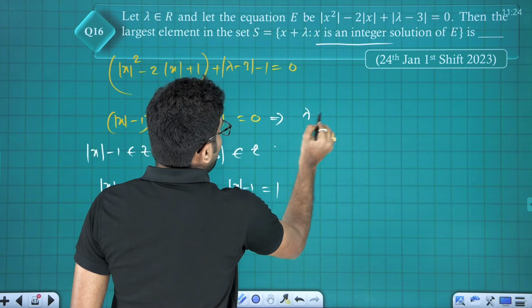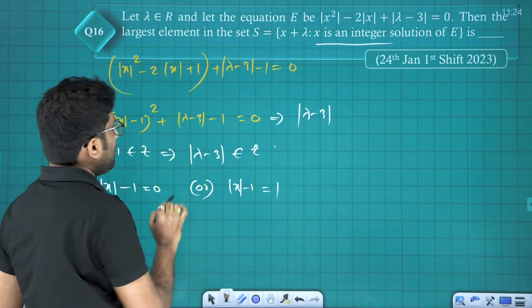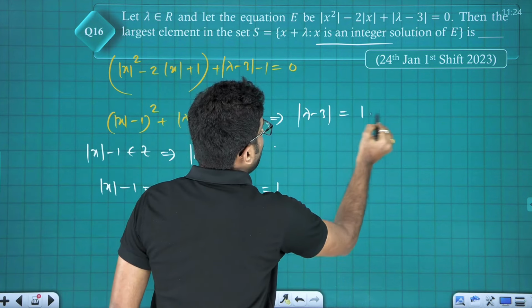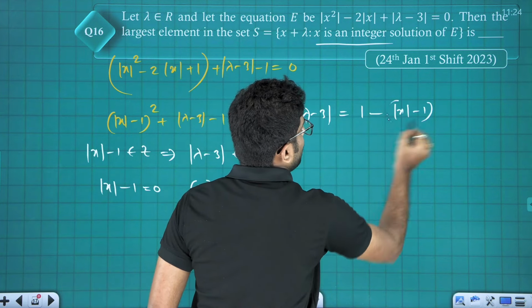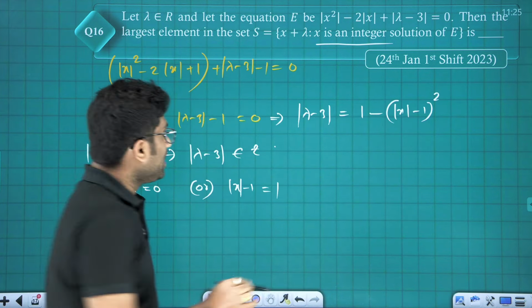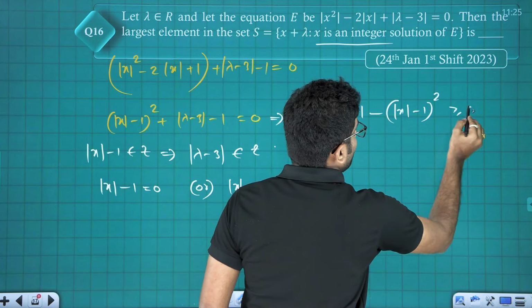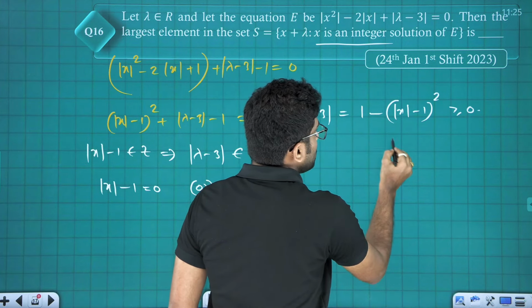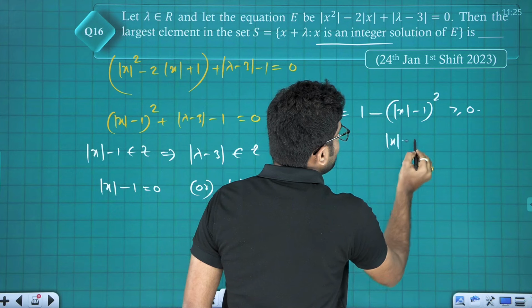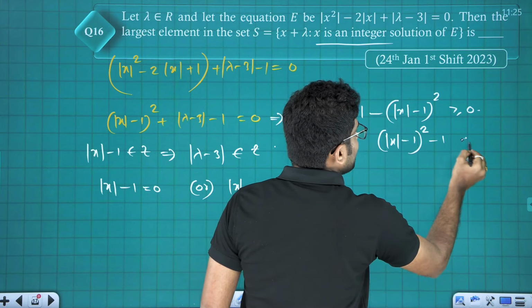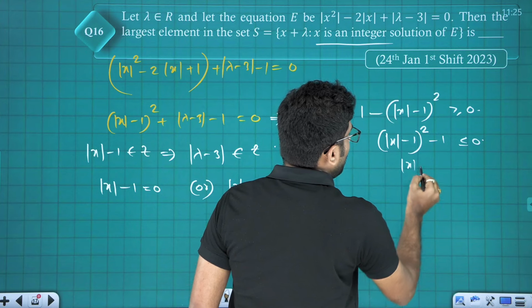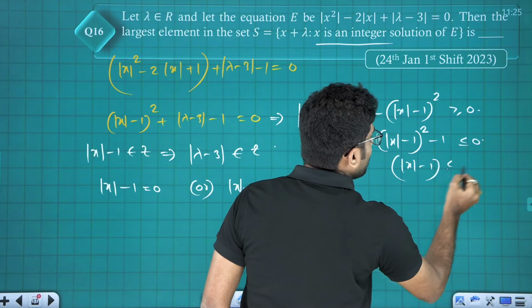mod of lambda minus 3 is equal to 1 minus mod x minus 1 whole square. That means this should always be greater than or equal to 0. Why? Because of the mod. So mod x minus 1 whole square minus 1 is less than or equal to 0, so mod x minus 1 is less than or equal to 1.